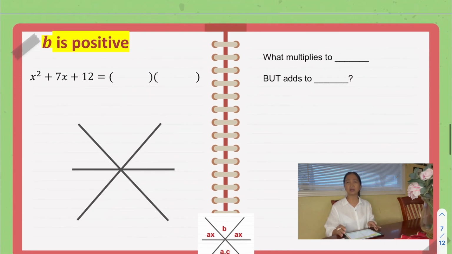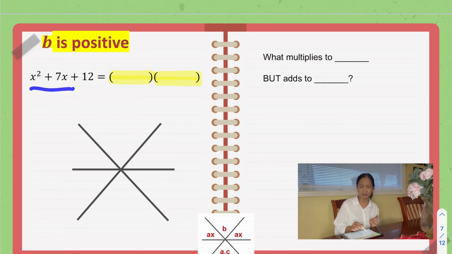And I wanted to start with when b is positive. So in my particular example, I am going to factor this quadratic trinomial, x squared plus 7x plus 12. I have already prepared the parentheses where I'm going to write my binomial factors, because I wanted to show you that we are actually creating equivalent expressions, that this trinomial is equal to those binomial factors.